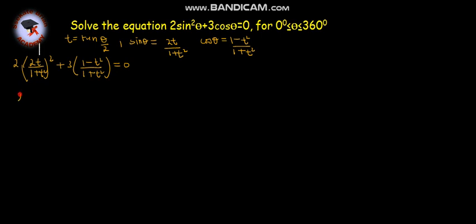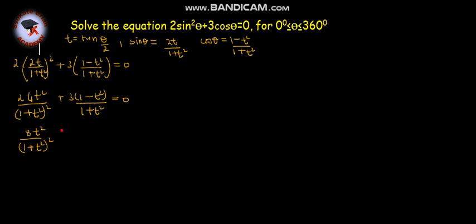So this one will be 2 into 4t squared over 1 plus t squared, everything squared, then plus 3 into 1 minus t squared over 1 plus t squared, everything equal to 0. So this side we shall have 8t squared over 1 plus t squared plus 3 into 1 minus t squared over 1 plus t squared, everything equal to 0.